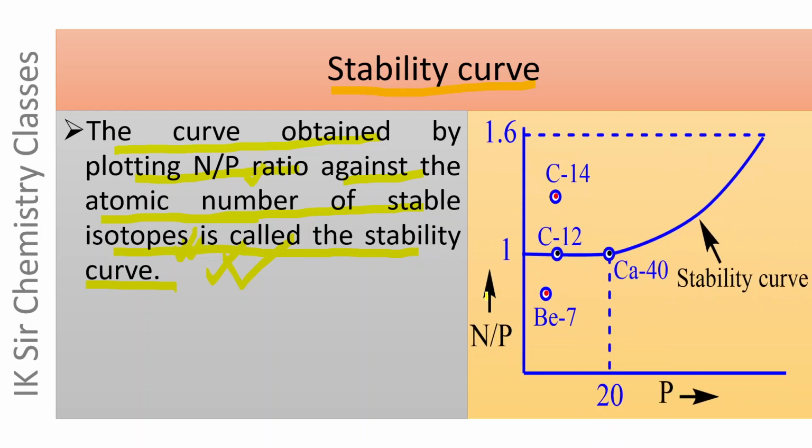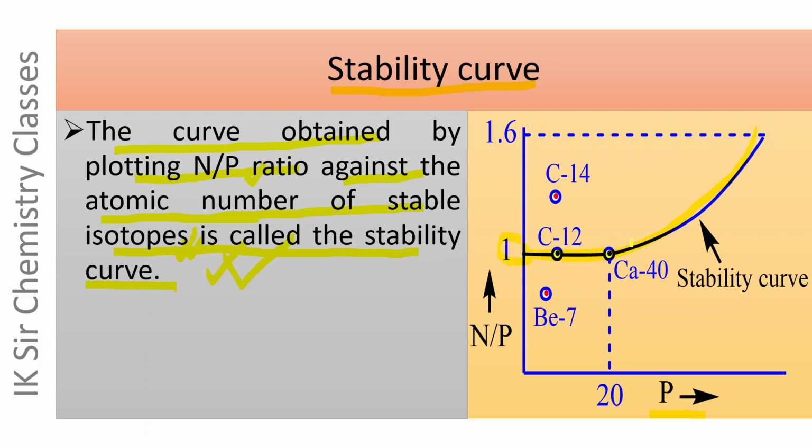N by P ratio of stable isotopes is plotted against atomic number, and the curve obtained is of this type. Up to atomic number 20, the N by P ratio remains constant and is equal to 1.